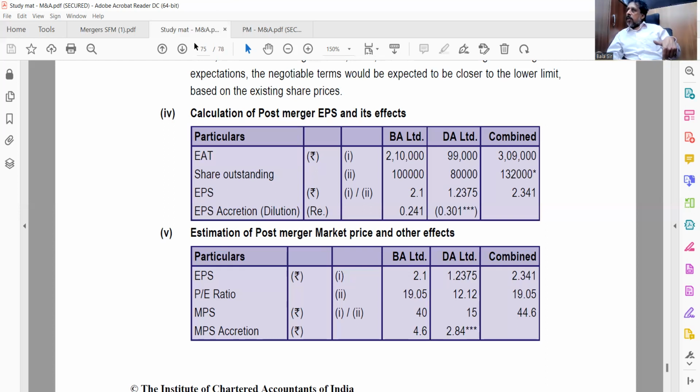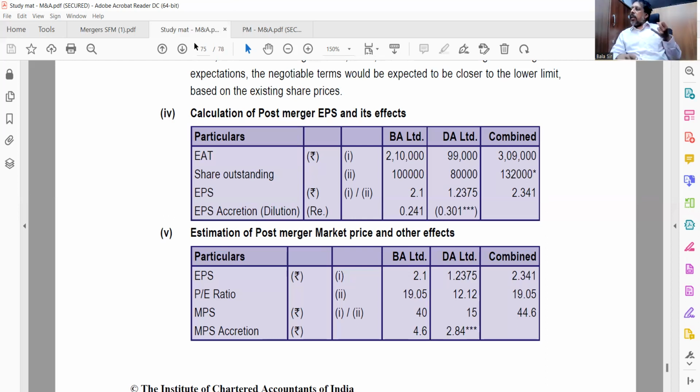That includes 1 lakh shares held by my shareholders. And what is 32,000? Given to you people. Right? You guys are not getting a 1:1 ratio. You're getting a 0.4:1. Got it? Yes, sir. So now just see the chart. After EPS, what is the next line? It is accretion or dilution.